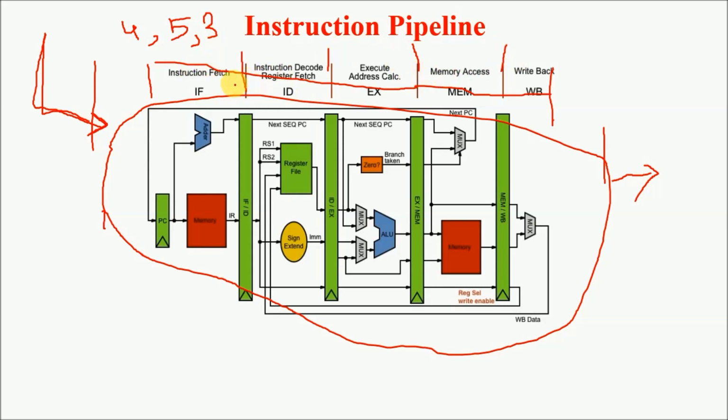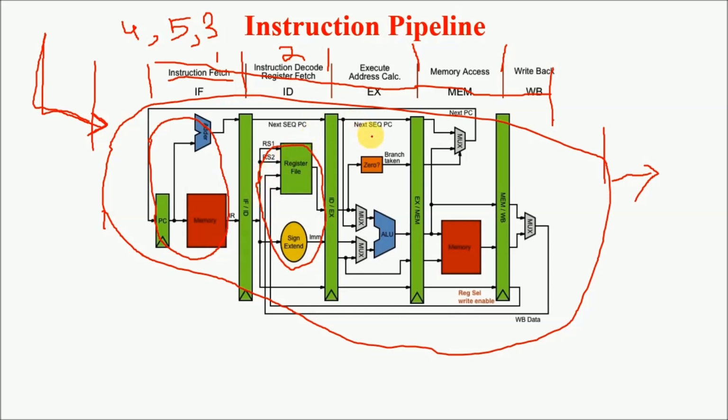The first stage is instruction fetch, and for instruction fetch, this particular hardware will be involved. The second stage is the instruction decode. So this is the hardware portion that will be used for the instruction decode.